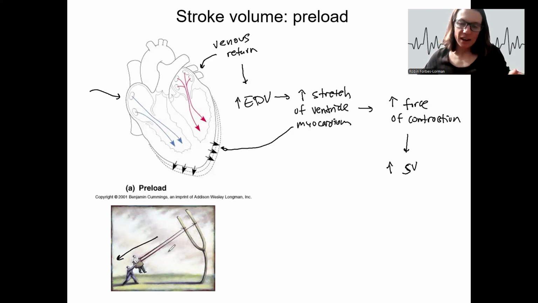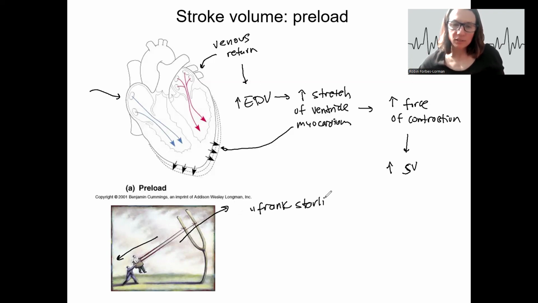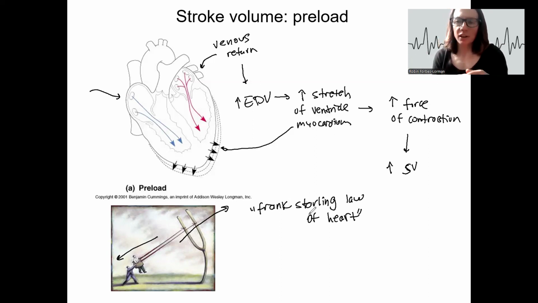So pulling back that way results in more tension generated and therefore larger force generated. Your heart muscles work the same way. This is called the Frank-Starling law of the heart. This idea that increased stretch means increased force of contraction.